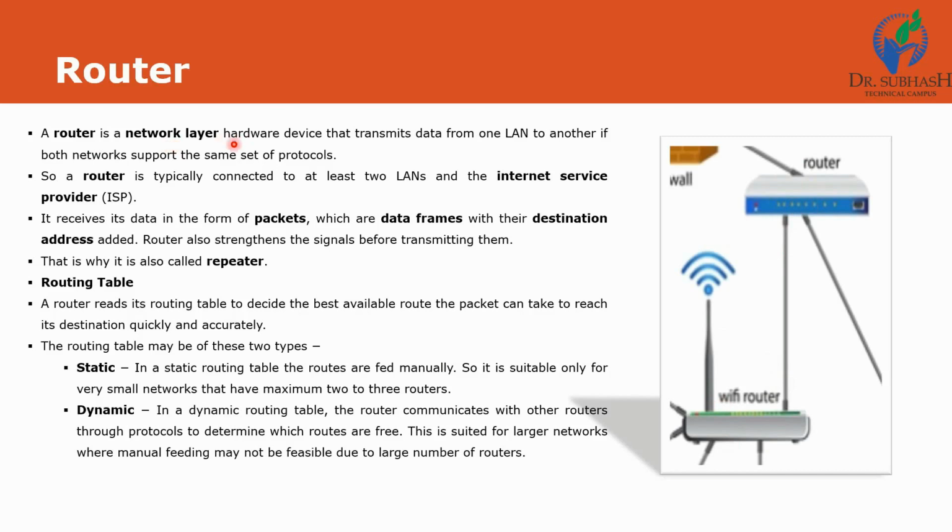A router is a network layer hardware device that transmits data from one LAN to another if both networks support the same set of protocols. Now here we have to understand, if both networks work on the same rules, same platform, then we can establish communication between two different networks.